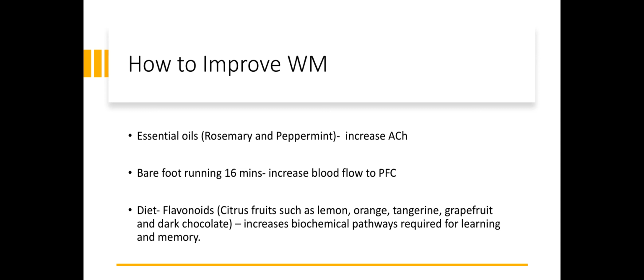Now, essential oils and barefoot running are far more immediate. Diet takes a little bit longer. So we're talking about the flavonoids, and you can find lots more information on this. Citrus fruits, interestingly, dark chocolate, which is always a nice one. And it just is about increasing those biochemical pathways within our brain to increase that learning and memory connection.